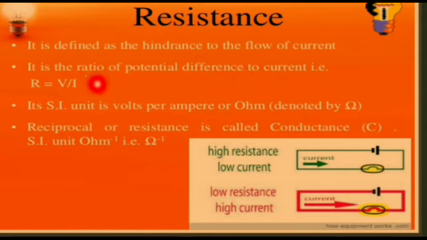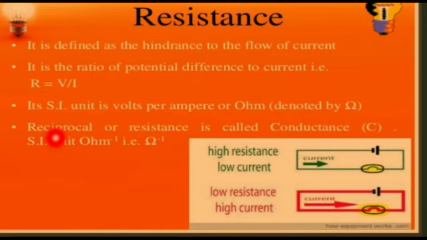R is equal to V by I, the ratio of potential difference to the current. The SI unit is volt per ampere, but practically the unit is ohm. It is denoted by this symbol. Ohm means the unit of resistance, right?